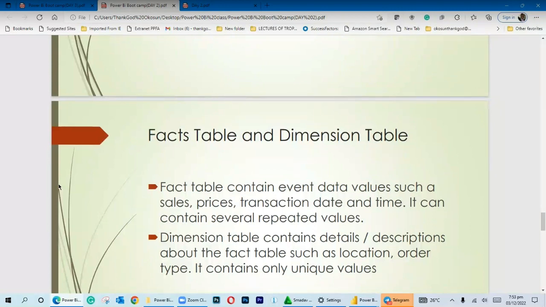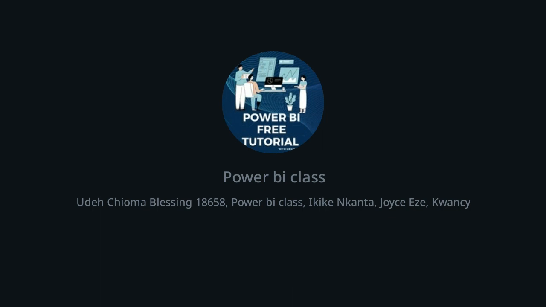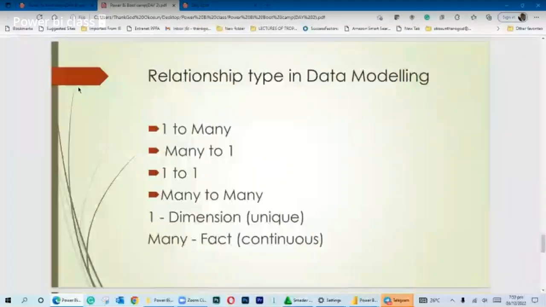Moving forward to relationships in a data model. There's one to many, many to one, one to one, and many to many.